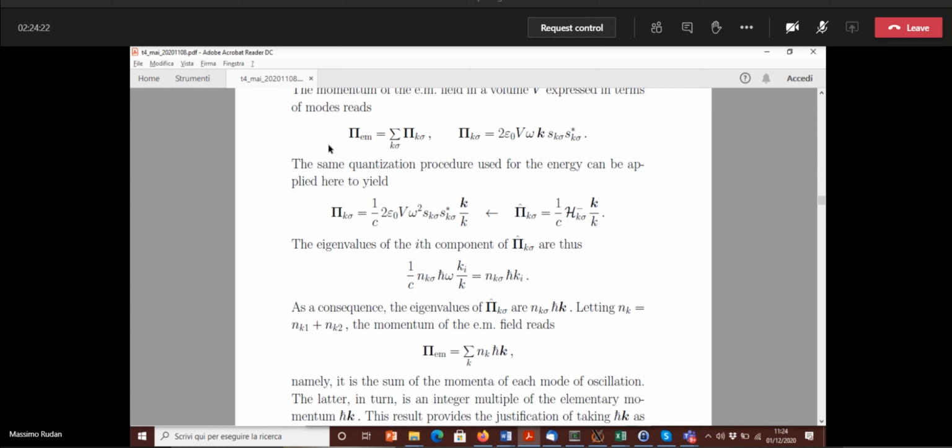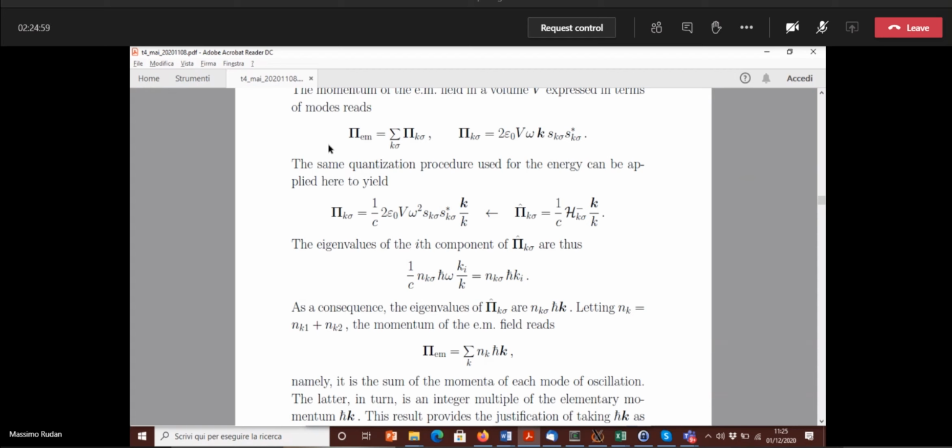We define the momentum of the electromagnetic field using a procedure that is similar to that used for defining the energy of the electromagnetic field. I'm sure that you remember that somewhere in some class of the field theory, somebody has explained to you the Poynting theorem.